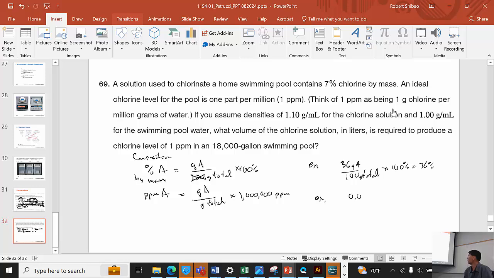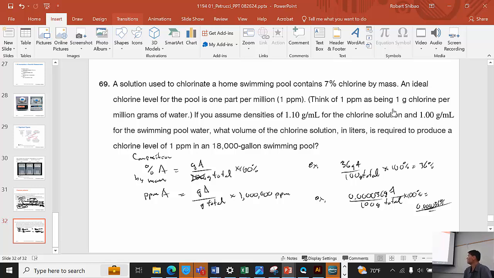Let's say I had 0.000036 grams of A over 100 grams total. Then the percentage is going to come out quite small. So times 100%, and that's going to give me 0.000036%. That's a lot of zeros to insert in there.